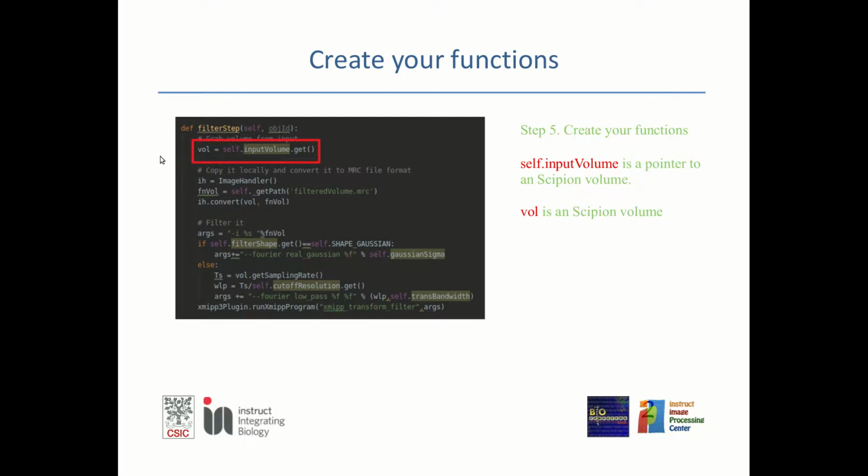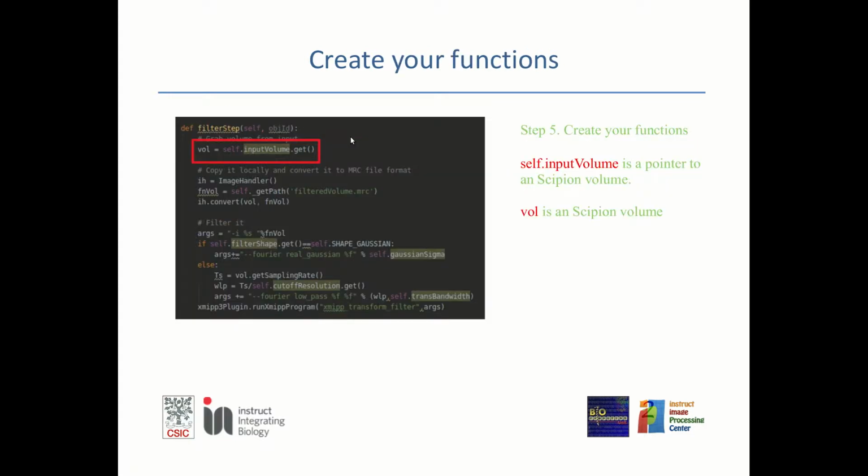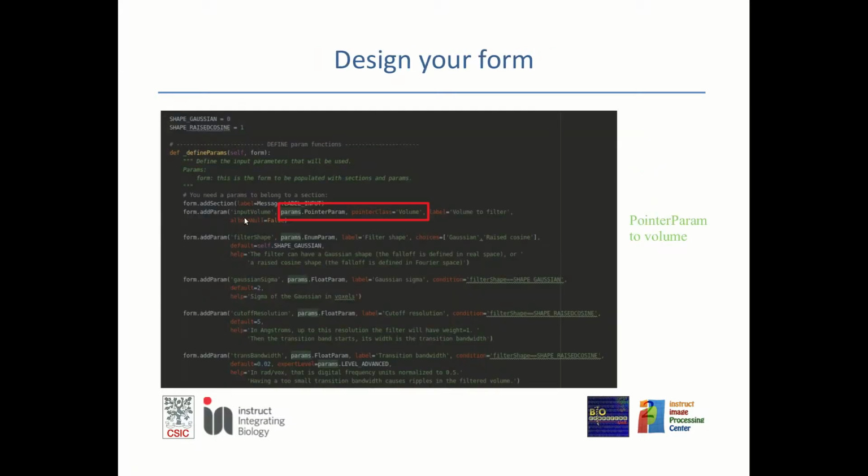Then let's implement our function. The first function to execute is this filter step. So let's implement it. The first thing is to grab the volume. We have a parameter that is input volume. So this is this name here.